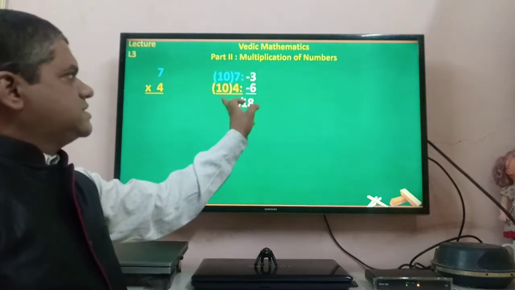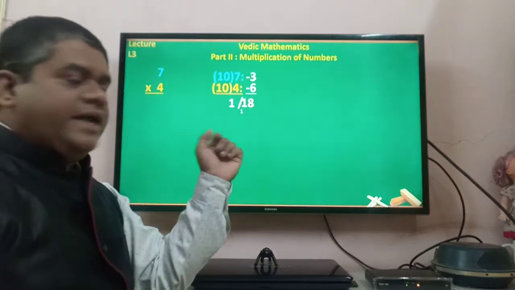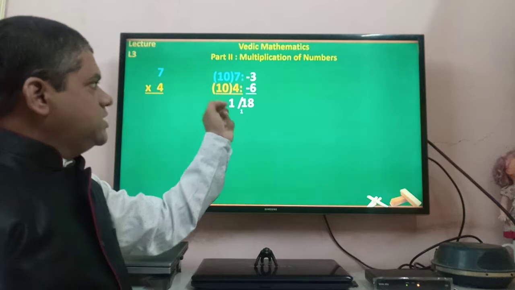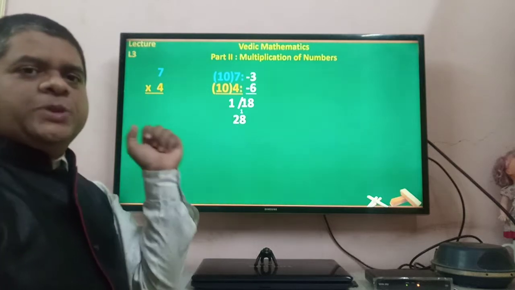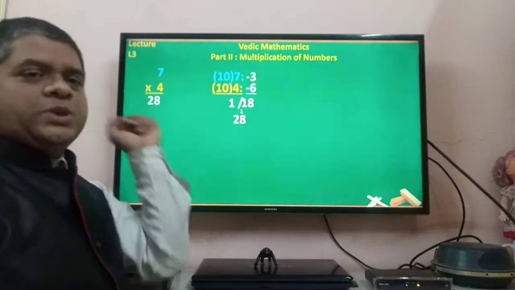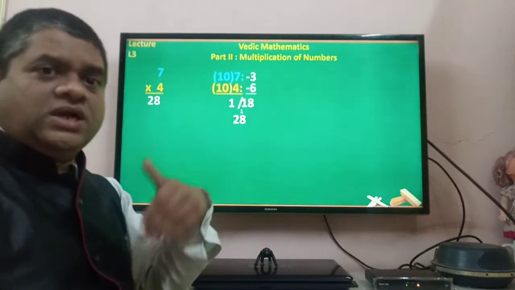So 7 minus 6 is 1, or 4 minus 3 is 1. We can adopt any one method. This 1 which we want to carry forward, we have to add to this 1. So the answer is 28. So we have got 7 into 4 as 28. This method I explained so that you can understand how to multiply.